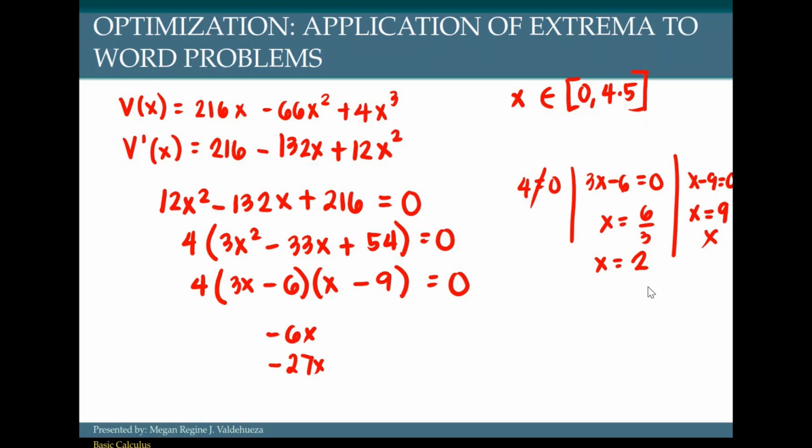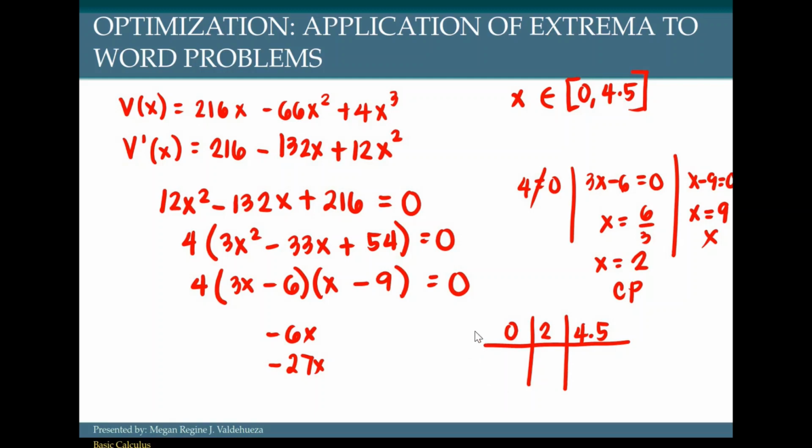So we only have x equal to 2 as our critical point or critical number. So we now compare the functional values at the endpoints 0, the critical point 2, and another endpoint 4.5.